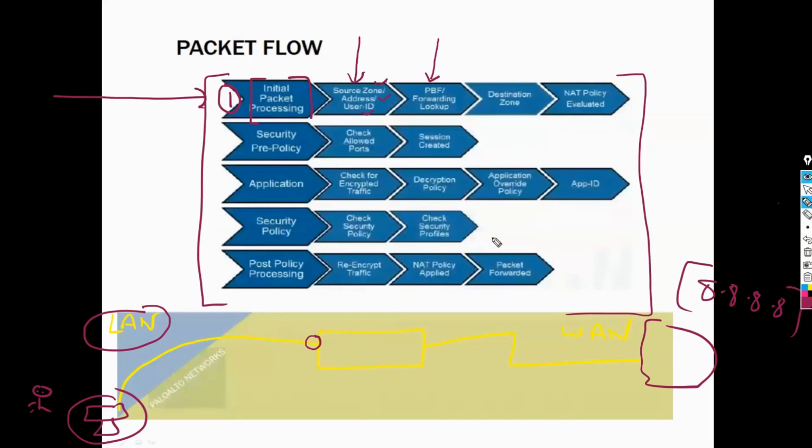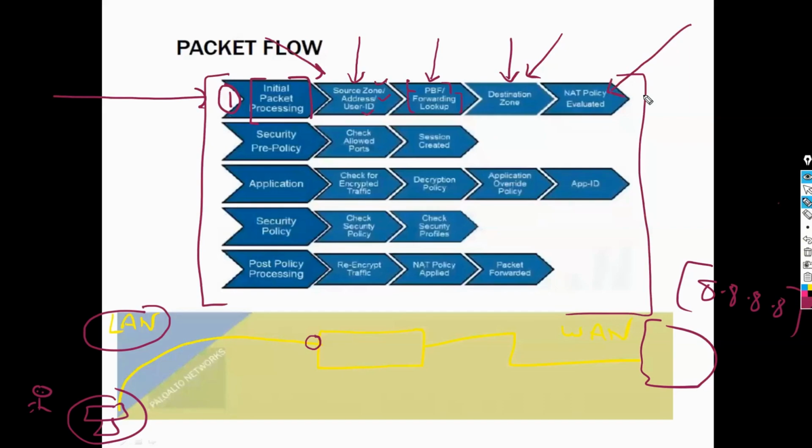So the firewall will verify destination information in policy-based forwarding, or it will check the routing lookup or forwarding lookup. Then it will verify which destination zone the traffic is going to. So traffic is coming from which zone, trying to go to which zone. Then it will verify the NAT policy. NAT policy is evaluated.